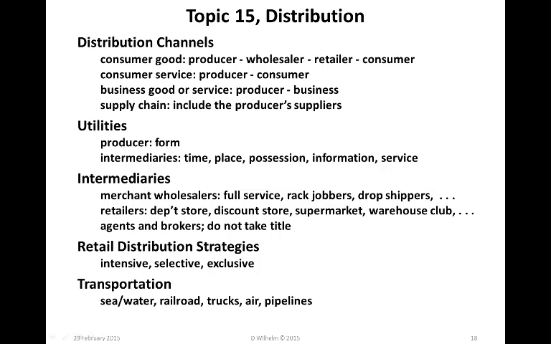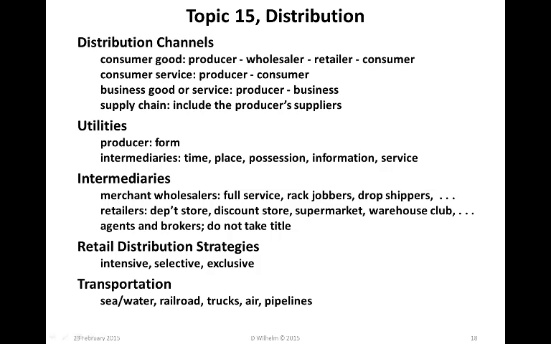There are generally considered to be 6 utilities. These are actions that help to get the good or service to the consumer. The form utility is provided by the producer. They actually make whatever it is, the good or service that the consumer wants.